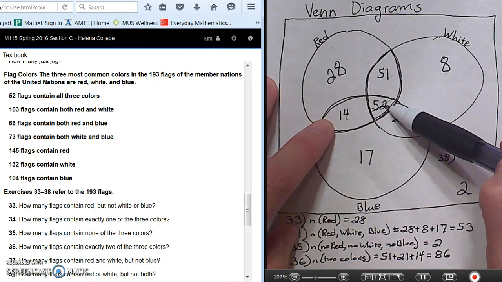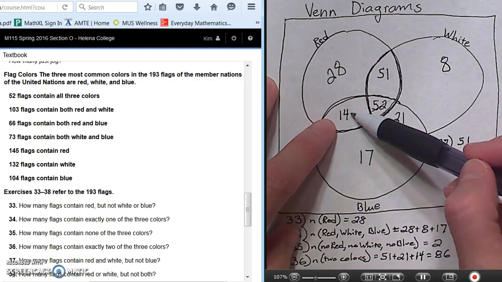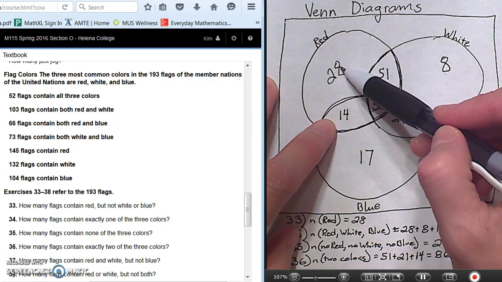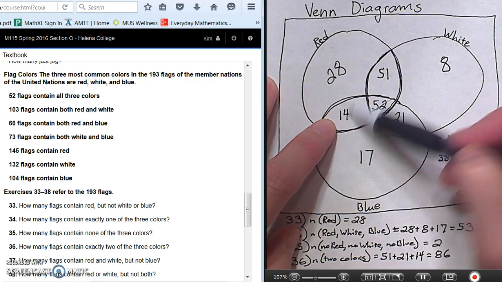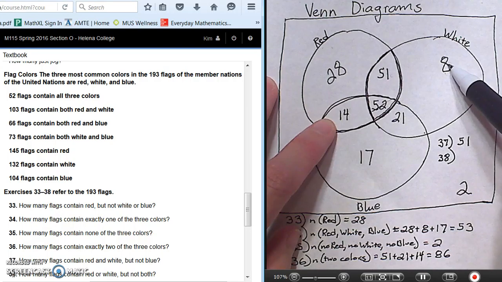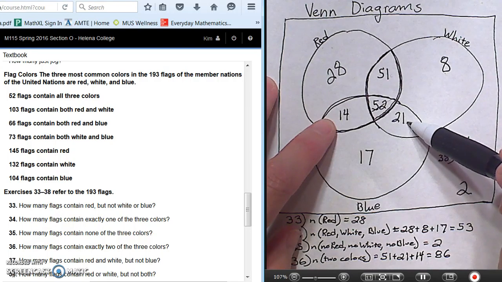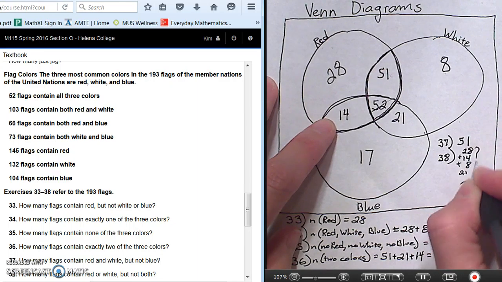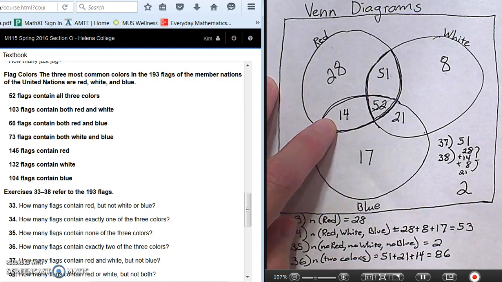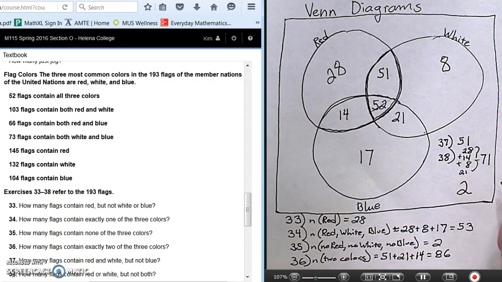Now, the problem did not talk anything about blue, so we need to include the 28, which is just red, also the 14, which is red and blue, the 8 that's just white, and the 21 that's white and blue. So I add together 28, 14, 8, and 21. That equals 71. The answer to number 38 is 71.